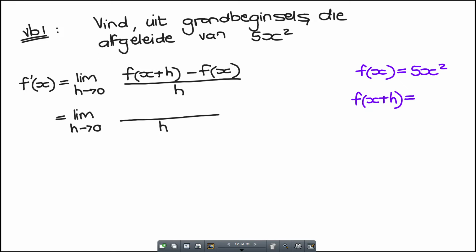It's going to look like that. 5. And then instead of just x, I'm going to say (x + h). And then square. Excuse me, ek sukkel nou om my kwadraat te sien. So can you see that the only difference between that one and this one is where I just had x, I now fill in x plus h. Is julle okay?